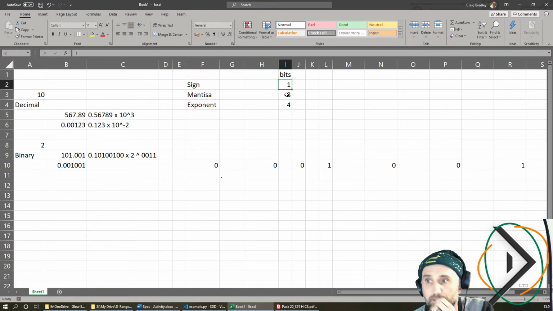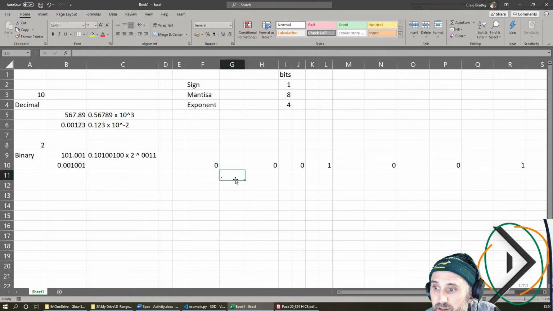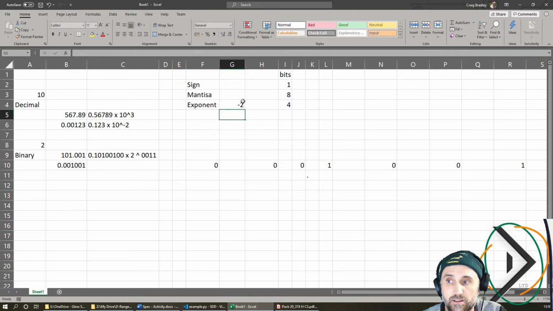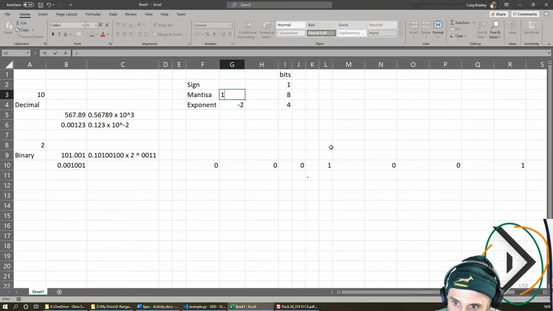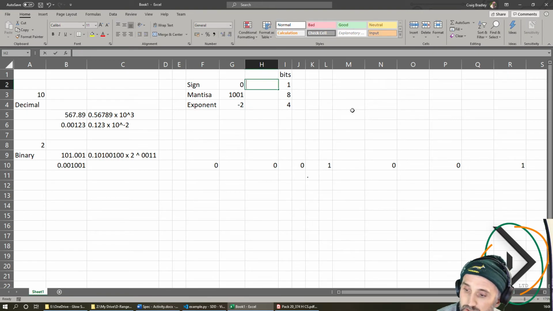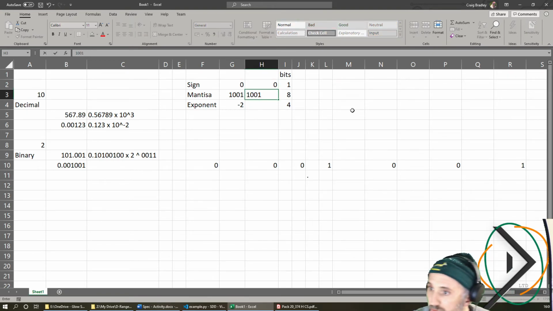We have 1 bit for my sign, 8 bits for my Mantissa, 4 for my exponent. I'm going to have to move this 1, 2 to the right, so my exponent is negative 2. My Mantissa is 1001, and my sign is 0. So that's 0, 1, 0, 0, 1, and so on, 8 bits.